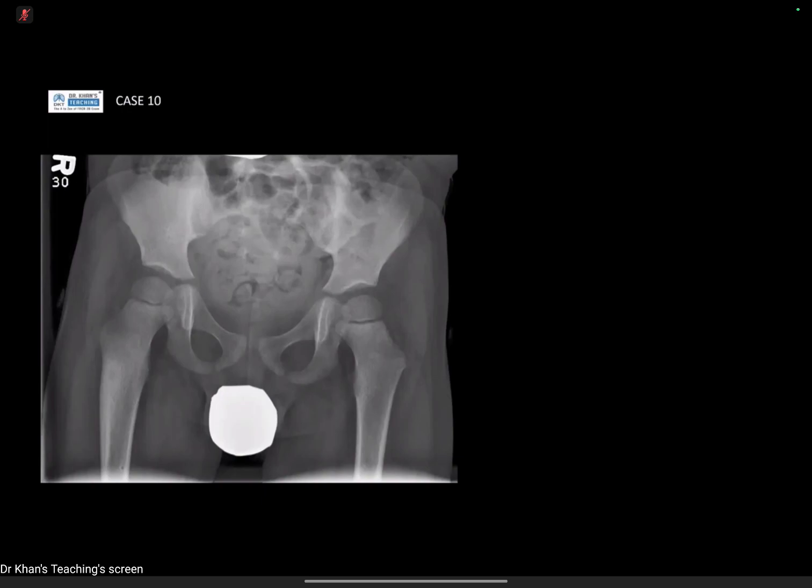So this cortical based sclerosis with some internal lucency points towards the first differential of osteoid osteoma. The lucency, I'm not sure whether I'm overcalling or is it a lesion in the femoral neck.